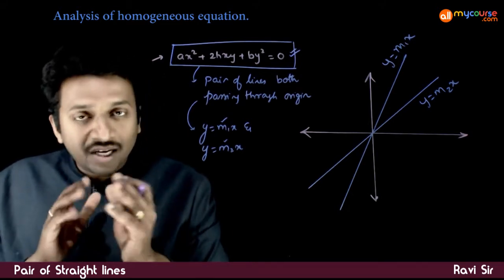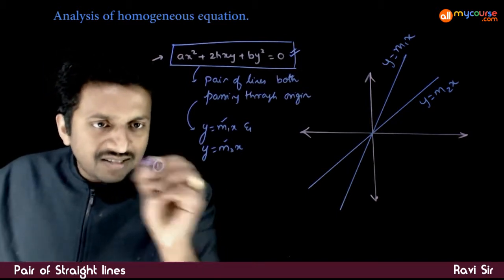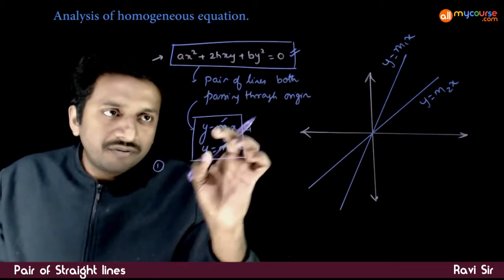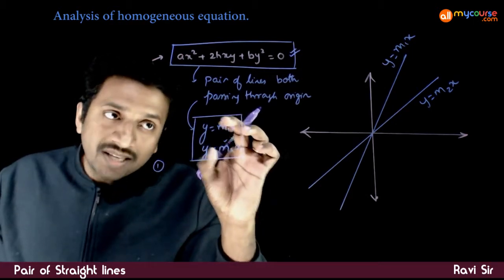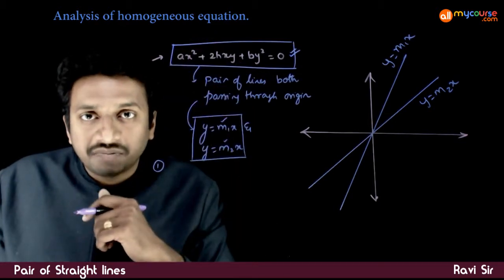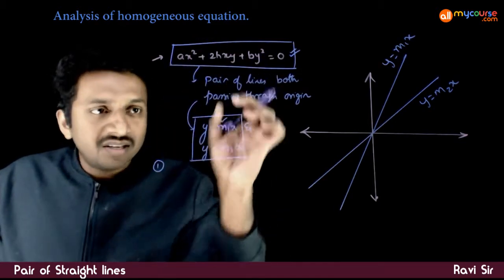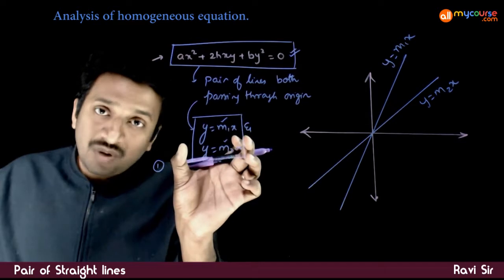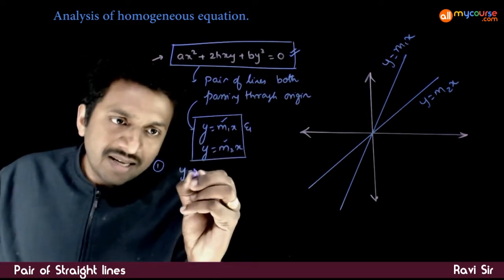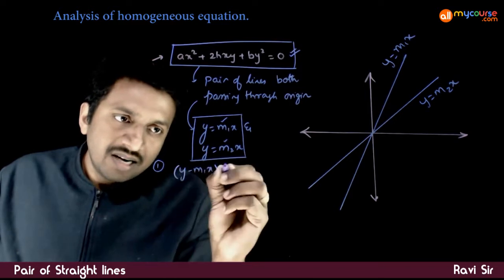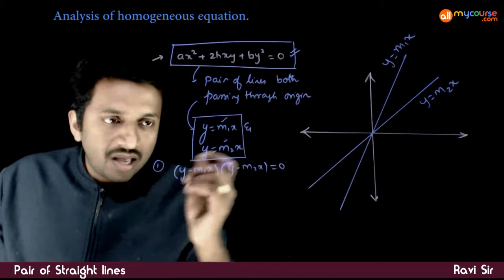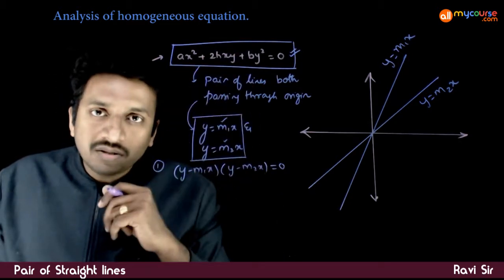So to do that, there are two methods. The first is, let us try to get the equation of the pair of lines y is equal to m1x and y is equal to m2x and compare it with the given equation. So if this represents the pair of lines y is equal to m1x and m2x, then y minus m1x times y minus m2x is equal to 0 has to represent the same equation.